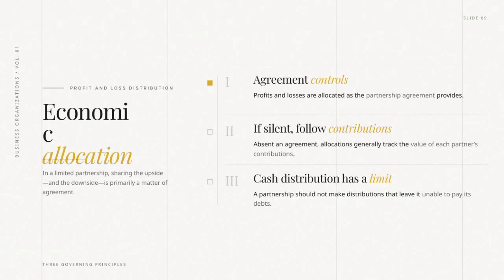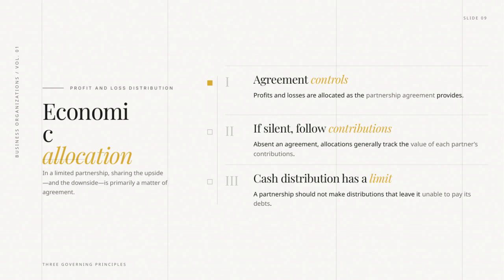Now, let's talk about how profit and loss are distributed in a limited partnership. The key point here is that sharing both the gains and the losses is mainly determined by the partnership agreement. This means the way profits and losses are divided depends on what the partners agree upon.